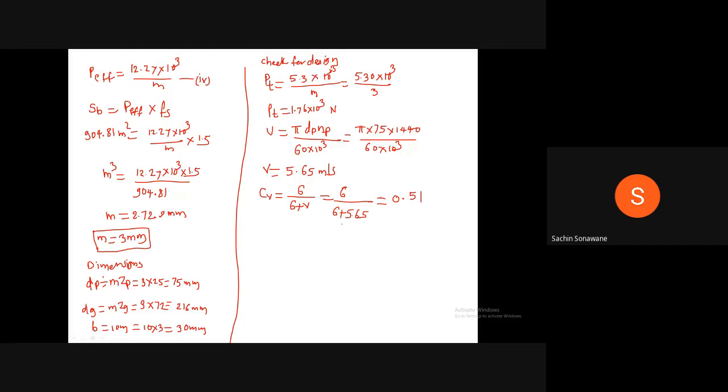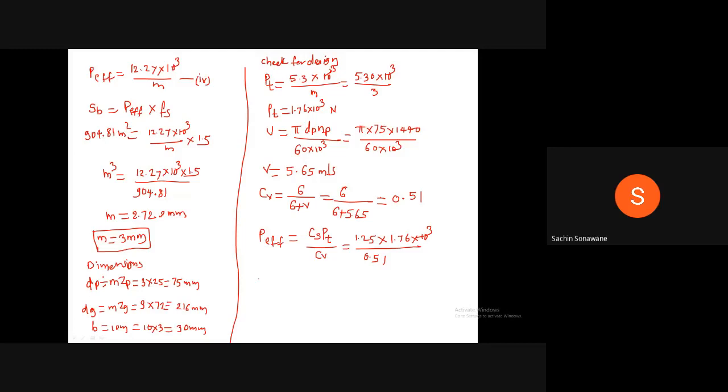Now calculate P effective, or effective load. P effective is equal to CS into Pt upon CV. Now all values we know: 1.25 into 1.76 into 10 raised to 3 divided by 0.51.